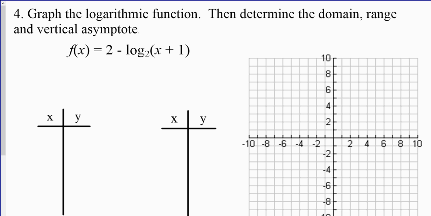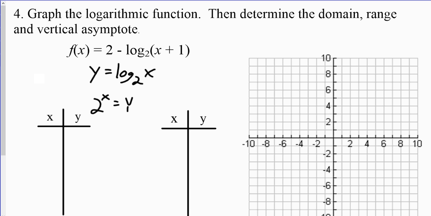So the next one here, again, I want to look at my parent function. The parent function here is going to be y equals log base 2 of x, and that inverse function is going to be 2 to the x is equal to y.